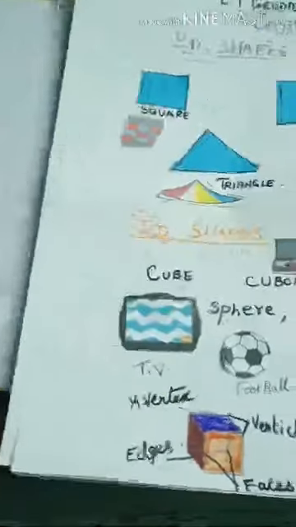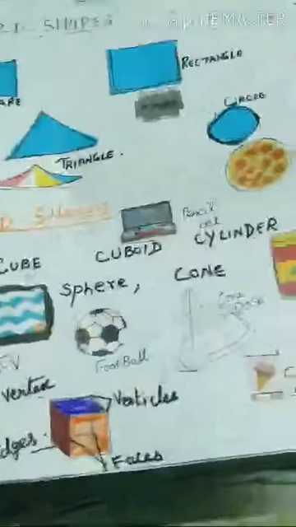Now to be more clear for you, I am showing you a small example. See the box here, you can find that it has 6 faces: 1, the opposite face, 3, 4, 5, 6. It has 6 faces. All the sides are equal. So the cube has all sides equal.